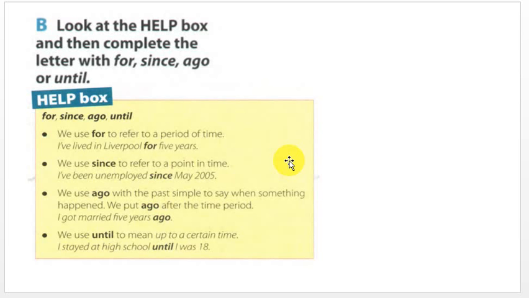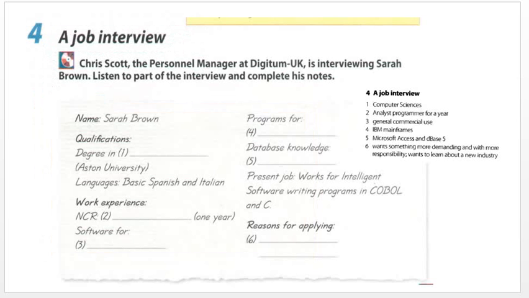I got married 5 years ago. We use until to mean up to a certain time. I stayed at home at high school until I was 18. Okay, please practice for, since, ago, and until.